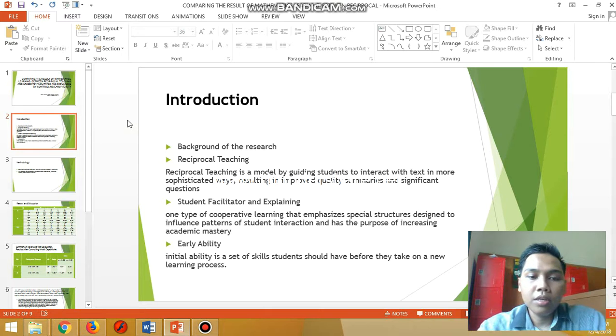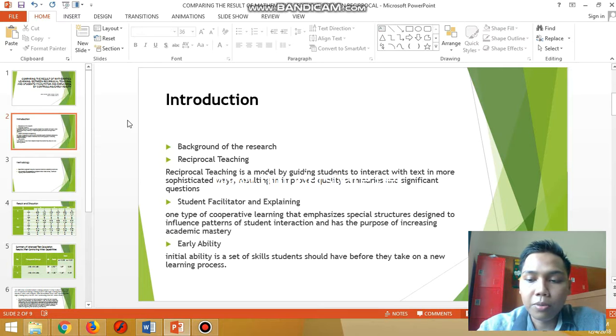Reciprocal teaching is a model that guides students to interact with text in more sophisticated ways, resulting in improved quality of summarizing and significant questions.